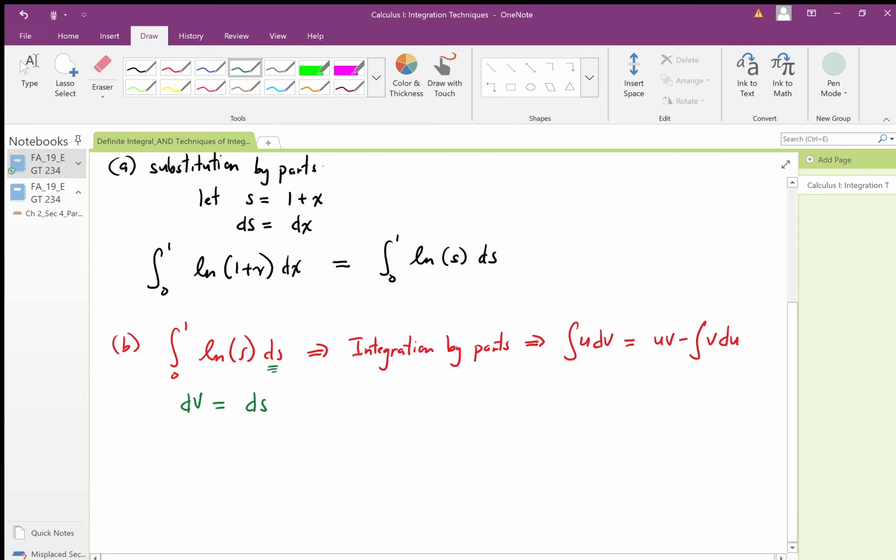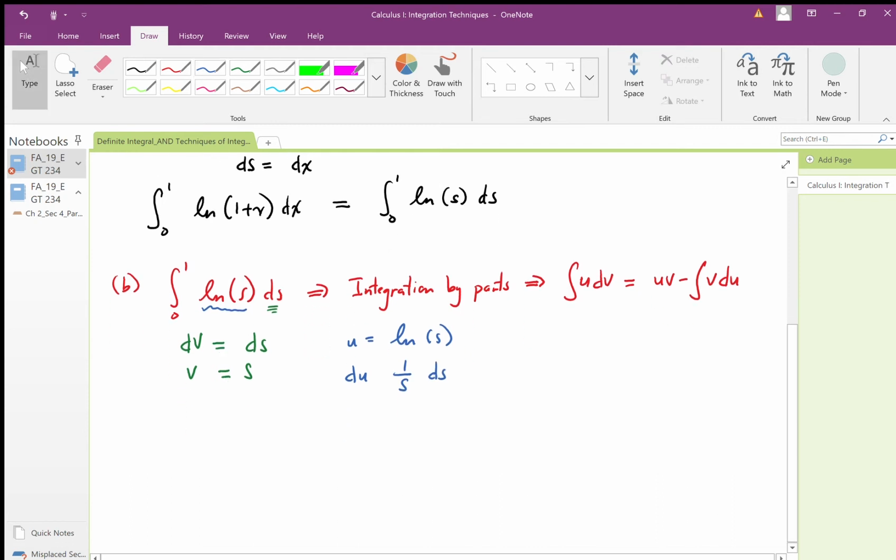If I take the integral of that, I'm going to get s. Now my u is going to be the natural log of s, and my du is going to be 1 over s ds. With that being said, I'm going to now use my equation.